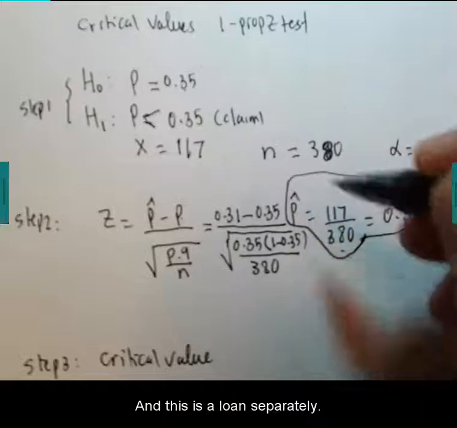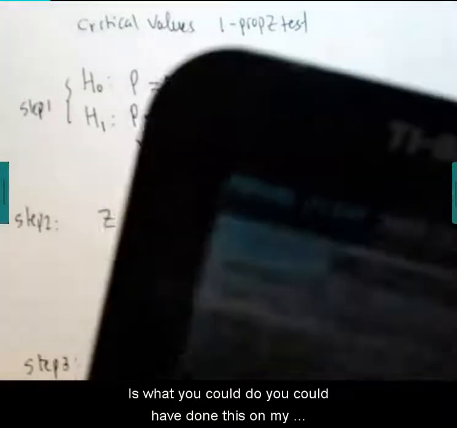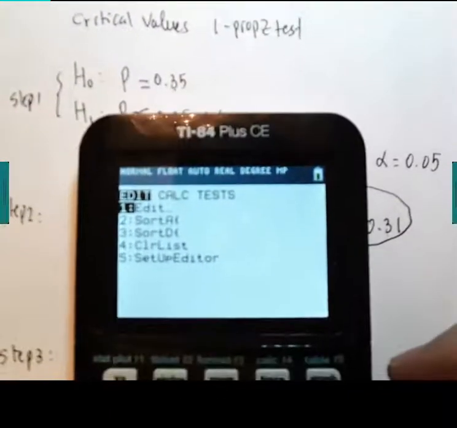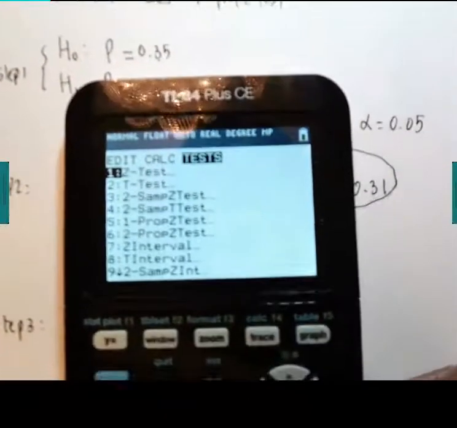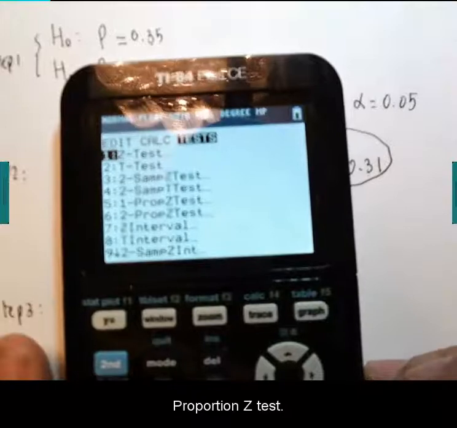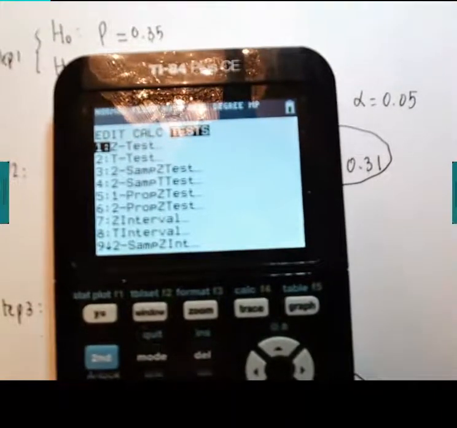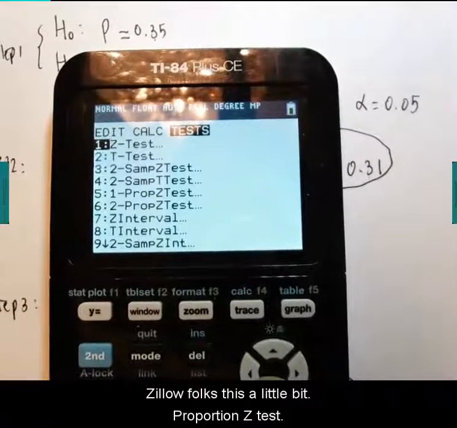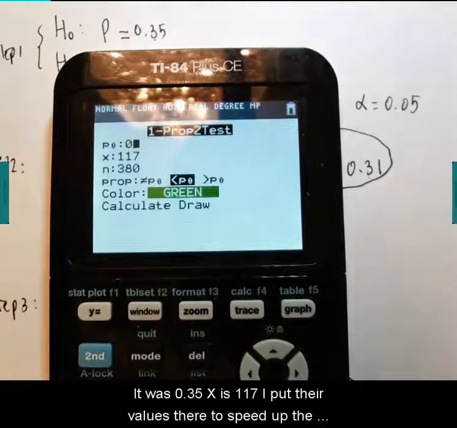If you do your math, and this is alone separately, here's what you could do. You could have done this on the calculator, so let me show you. You go to tests, proportion Z test. Let's focus this a little bit. Proportion Z test. You put 0.35, X is 117.